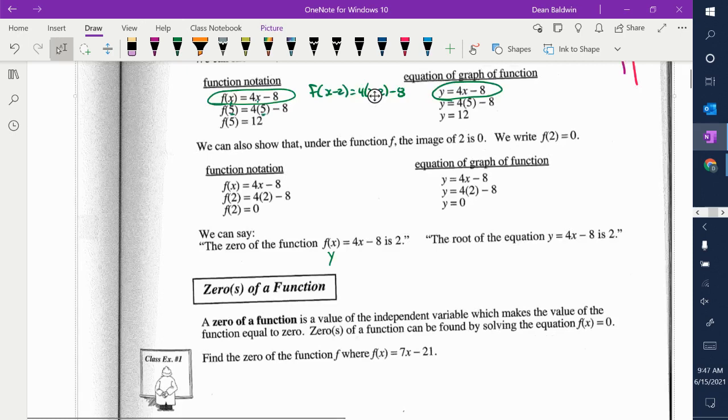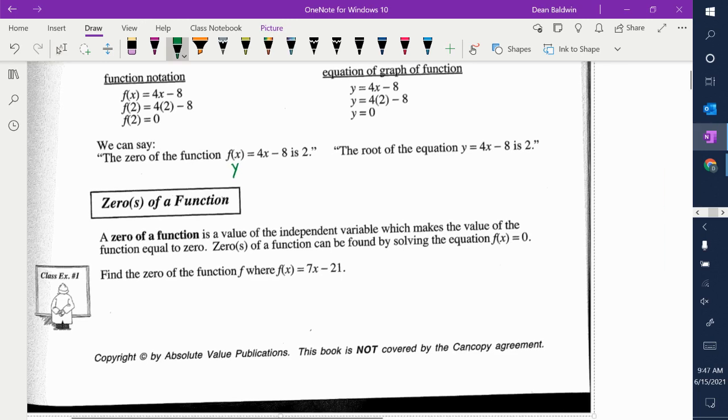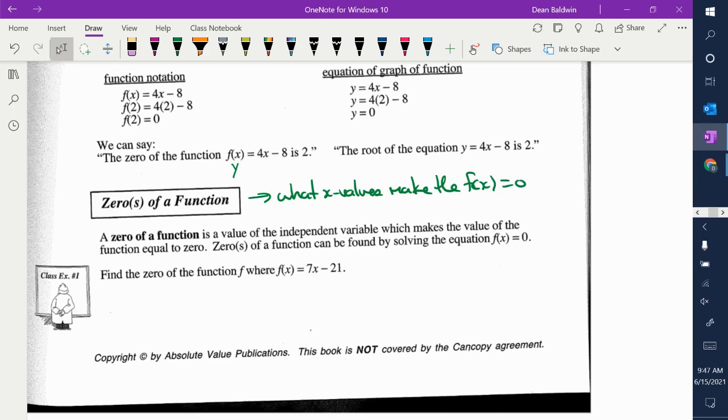All right, zeros of a function. Zeros of a function are what make the function 0, hence the name zeros of a function, okay? So these are what x values make the function, f of x, equal 0.